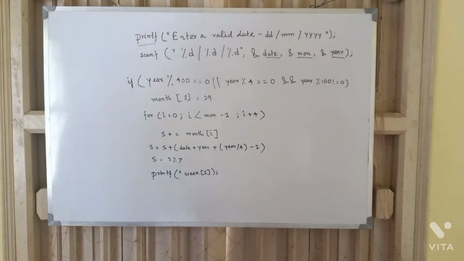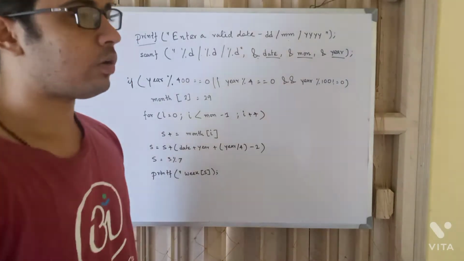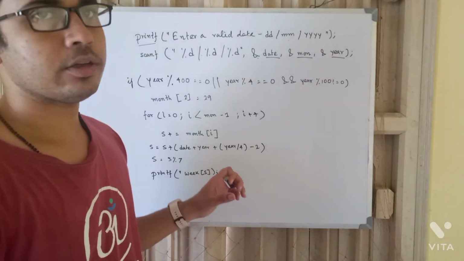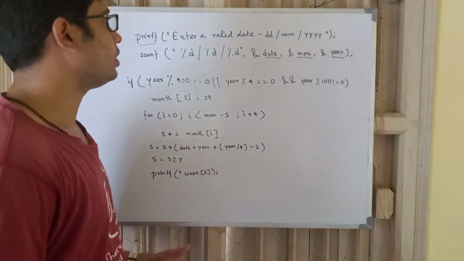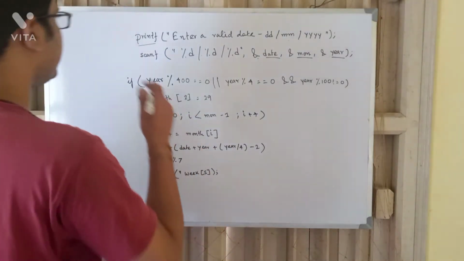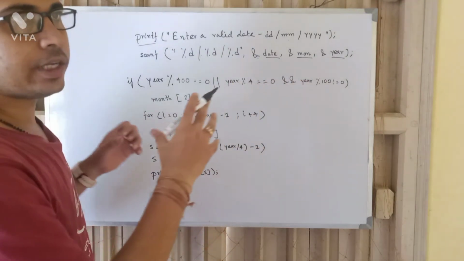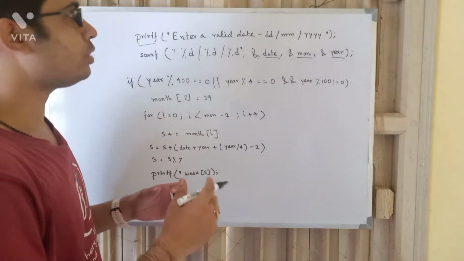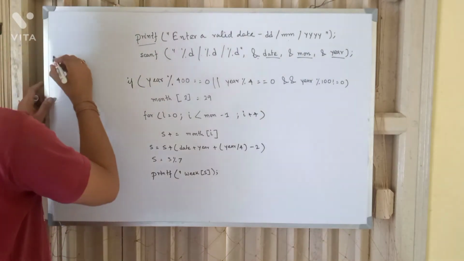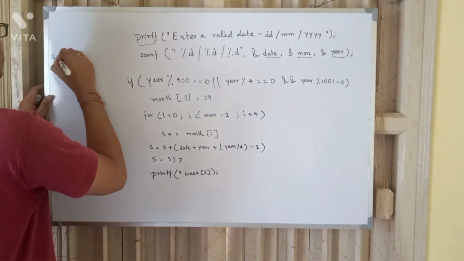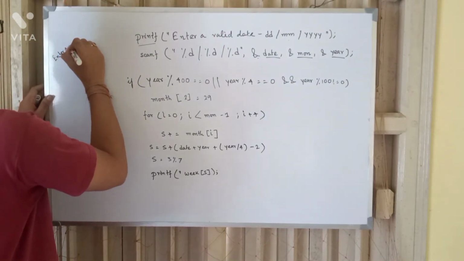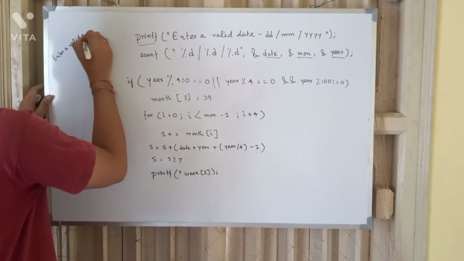Now we will see how the entire logic and the program is executed. Now we will write a printf function, enter a valid date. Then we will enter the date. The CPU will write on the console like this, enter a valid date.